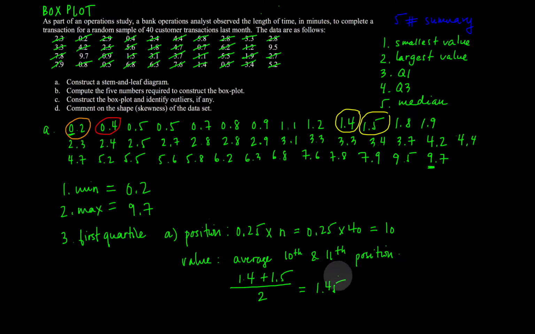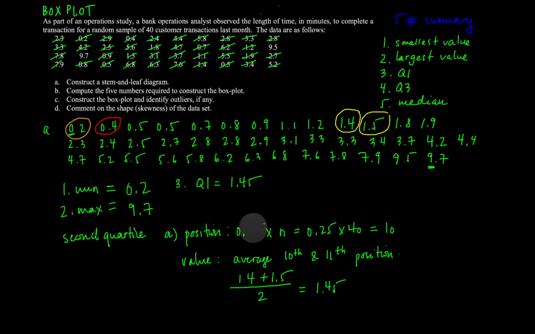So let's repeat the process for Q2 and Q3. So I'm just going to write it up here. Q1 is equal to 1.45. And I'm going to repeat the process below here for the other ones, okay? So let's remove this. Let's do the second quartile.